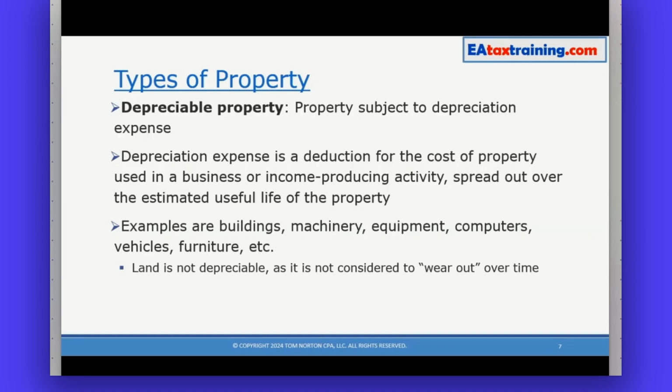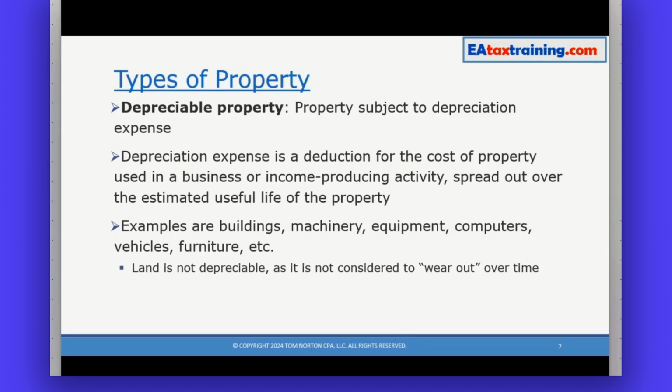The other way to think about depreciation expense is that it is the way that you are deducting the cost of that asset. So let's say you buy a small thing like office supplies, pens and paper and notepads for your office. Well, when you buy those, technically that is an asset.